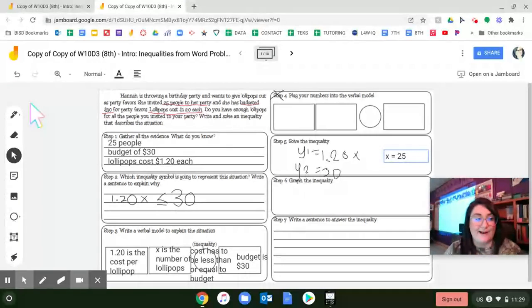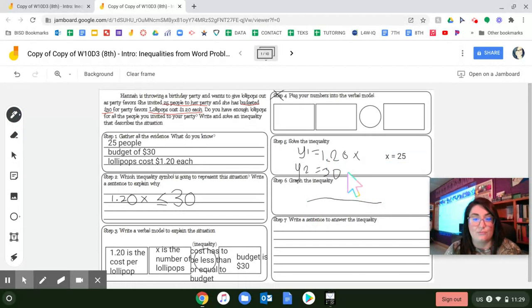Now, if I'm going to graph this, it is a proportional relationship. It's 1.20x plus 0. Ooh, that line does not look straight. And it goes on forever, meaning I could buy 10 lollipops and figure out the cost.